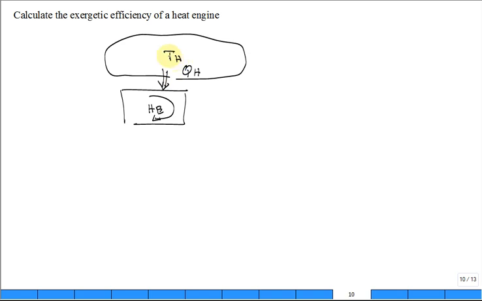So the heat comes into the heat engine across a boundary at temperature TH, right? How much heat comes in? QH comes in. We try to convert as much of that energy transfer into work, but we know that all heat engines have to reject some Q sub C to a low temperature thermal reservoir, right?